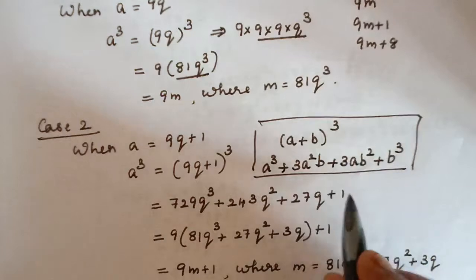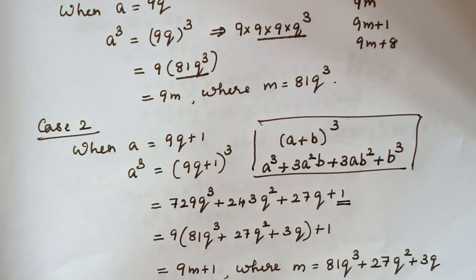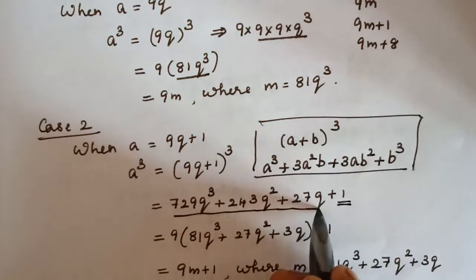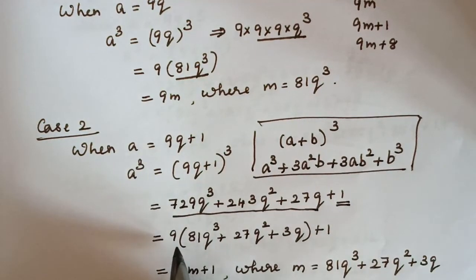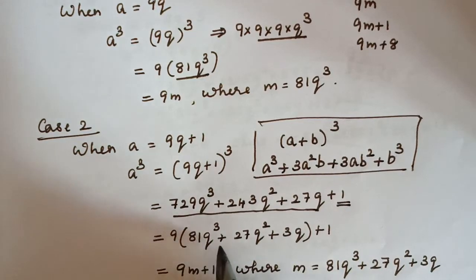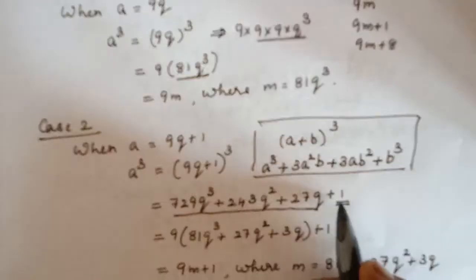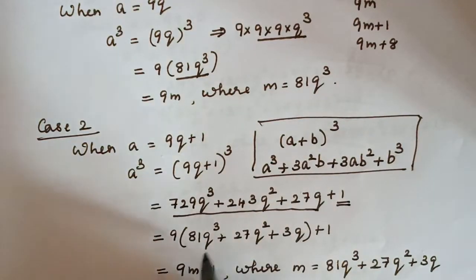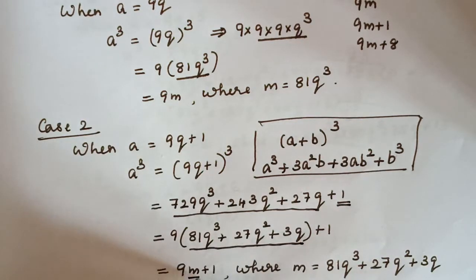So here the last one, which is not a multiple of 9, we are leaving. But from here till here, all these three terms are multiples of 9. We can write in multiples of 9, that is 9 into 81q cube plus 27q squared plus 3q, plus this 1. So all these three terms we can take as m, which can be written as 9m plus 1.